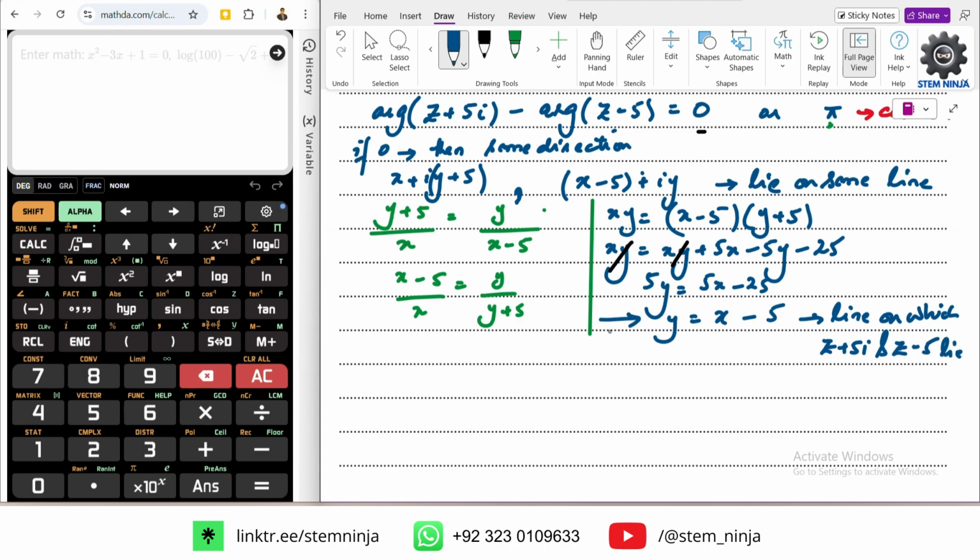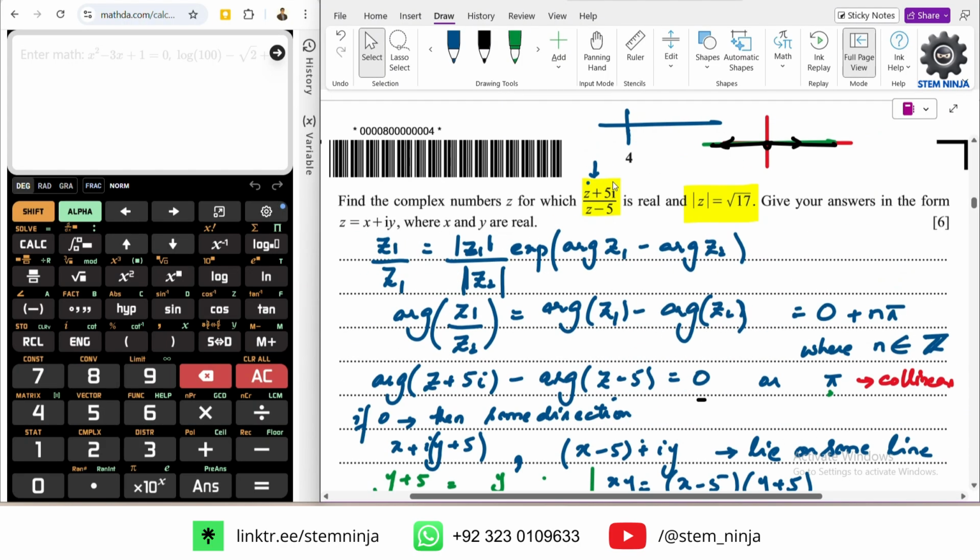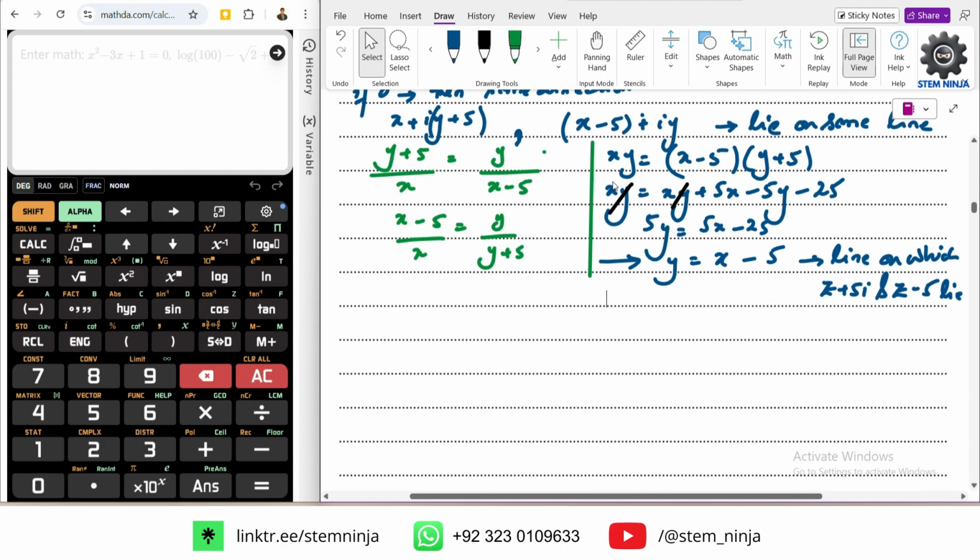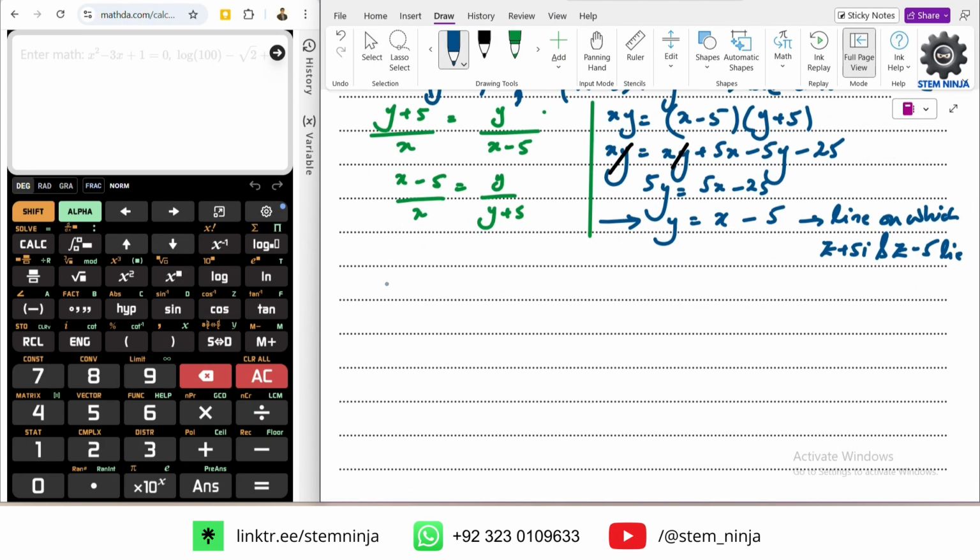Okay. Now we need to employ the other condition, mod z. So mod z is equal to root of x squared plus y squared, which is root 17. So this sum of squares is 17, right? So y is equal to x minus 5. Let's plug it in. So x squared plus x minus 5 whole squared equals 17.